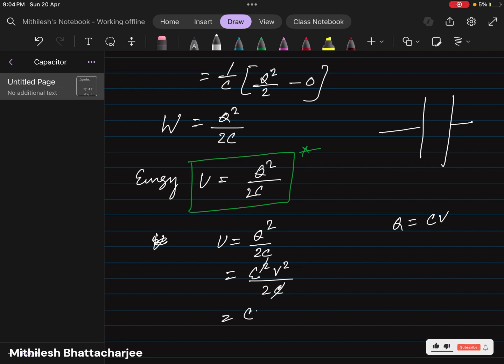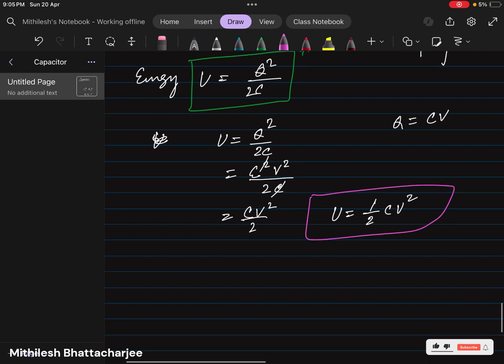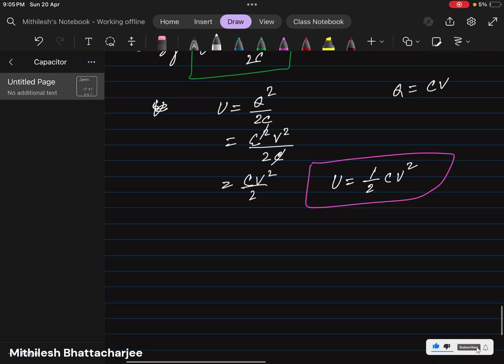One C cancels, giving CV square by 2, which is equal to U is equal to half into CV square. This is another equation.